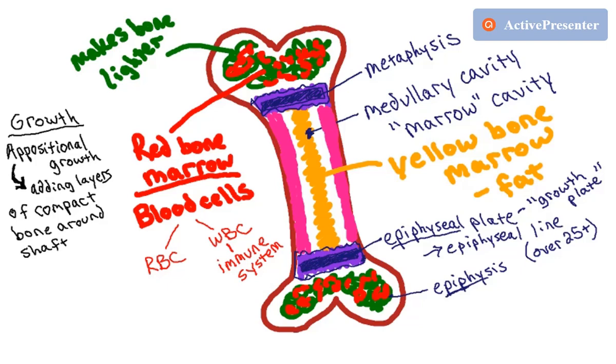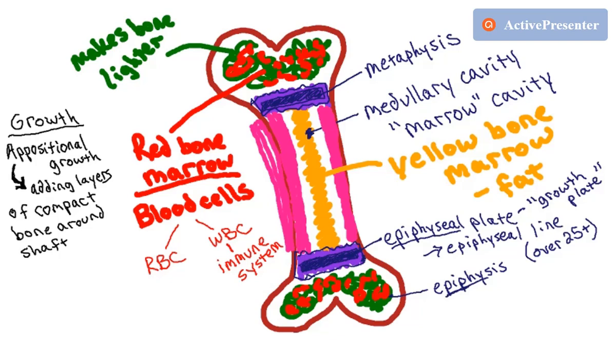And so if you keep adding more and more layers to the shaft of the bone, it's going to get wider, right? Well, that's not the only way that a bone grows.